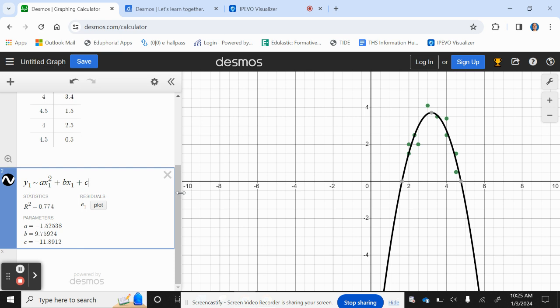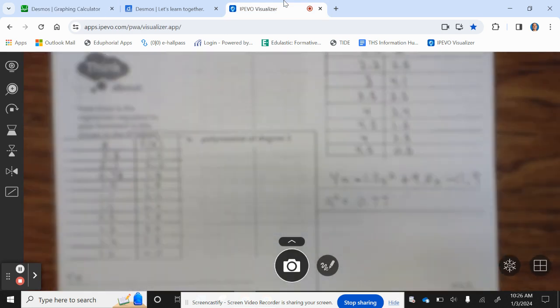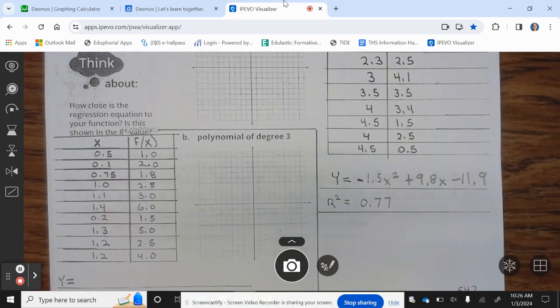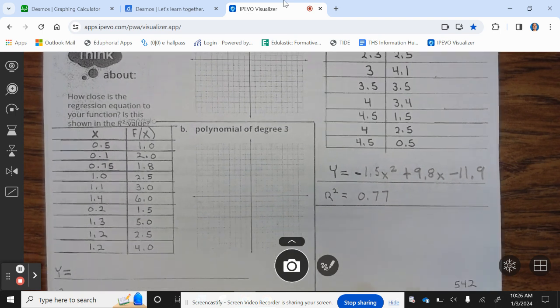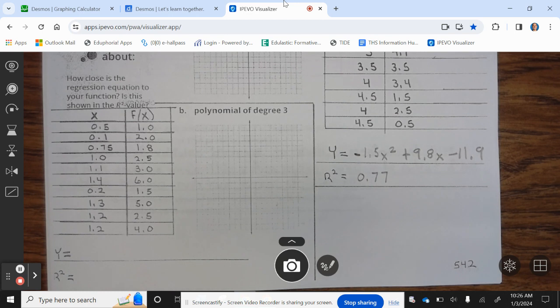Now for the R squared value, it's common practice to round to 2 decimal places. So there's your regression equation and your R squared value. Go ahead and complete 1B on your own. All right, let's take a look at the next page.